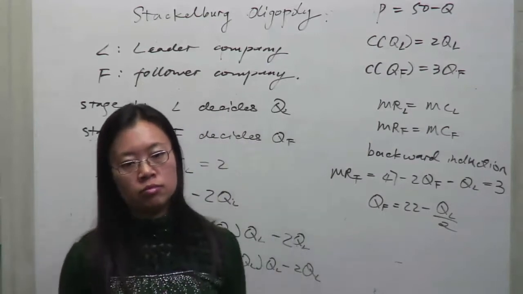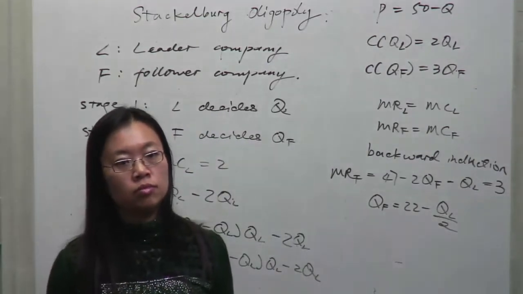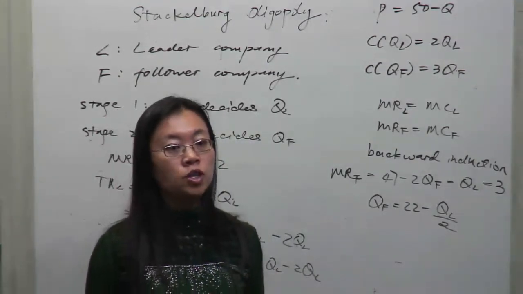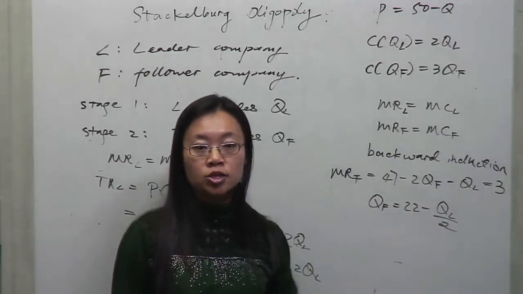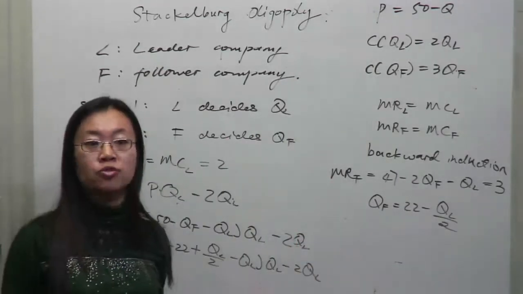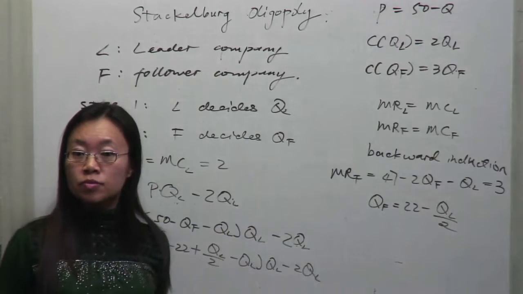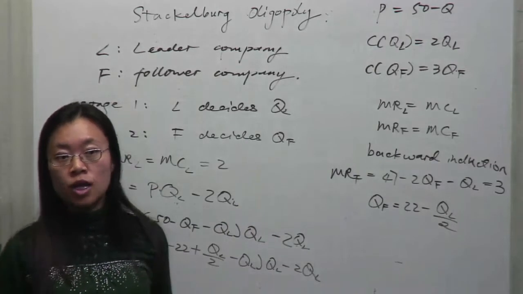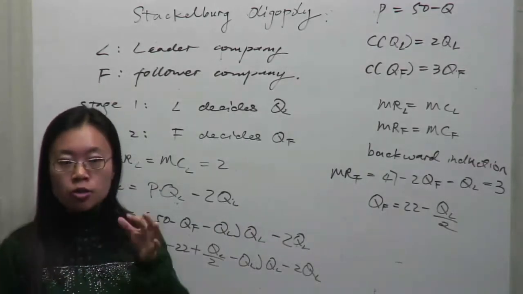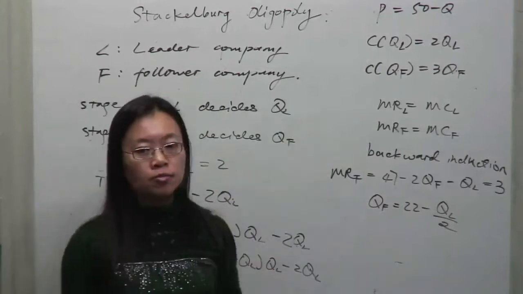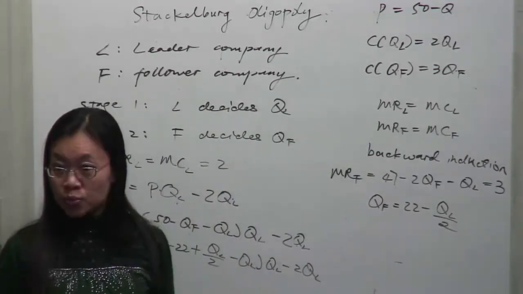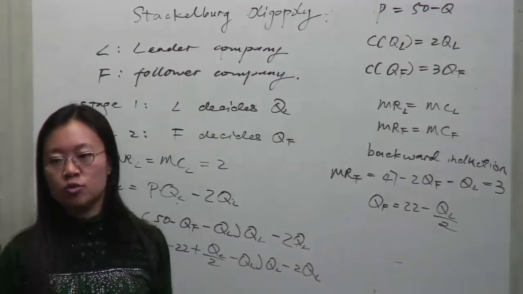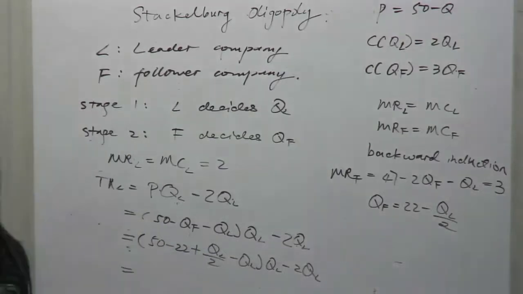Lower. It's going to be closer to even. Will it be lower or higher than the Stackelberg setting? I think in the Cournot setup, the output for the leader should be lower. How about for the follower? Higher. The follower has to be higher. We can check that later, okay?